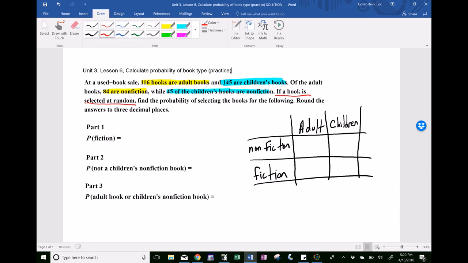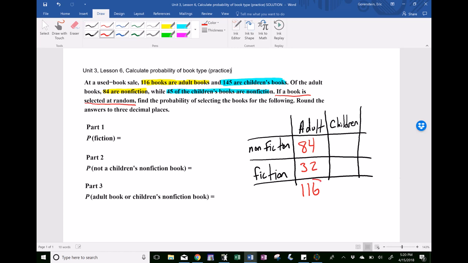So over here on the right, again, this is not necessary for this type of problem, but I think it's convenient to organize all the information that you have. We have a total of 116 adult books. Of those 116 books, 84 are nonfiction, which means another 32 are fiction.